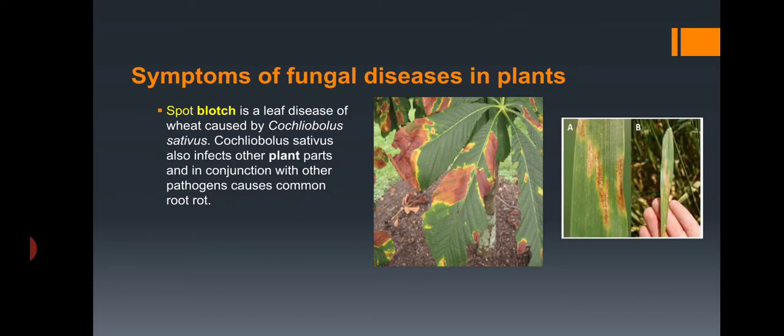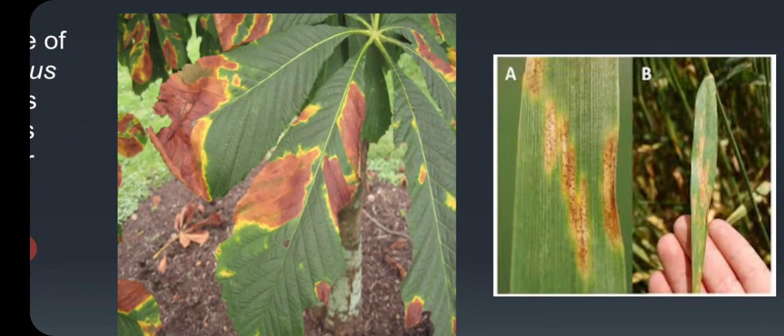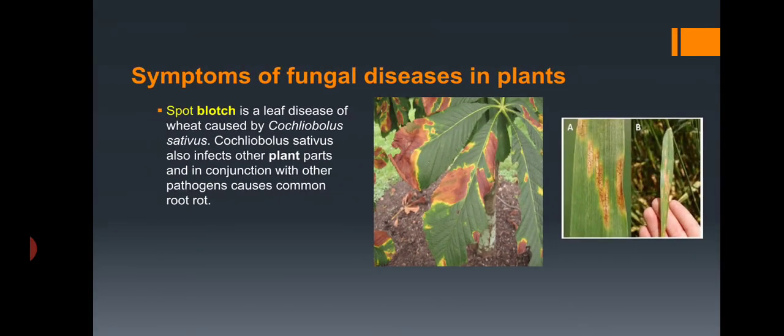So, the next fungal symptom is spot blotch. Okay. So, it is a leaf disease on wheat, and here in the second figure, here it is a wheat leaf, and it is caused by Cochliobolus sativus, a fungus, which also infects other plant parts and, in conjunction with other pathogens, causes common root rot.